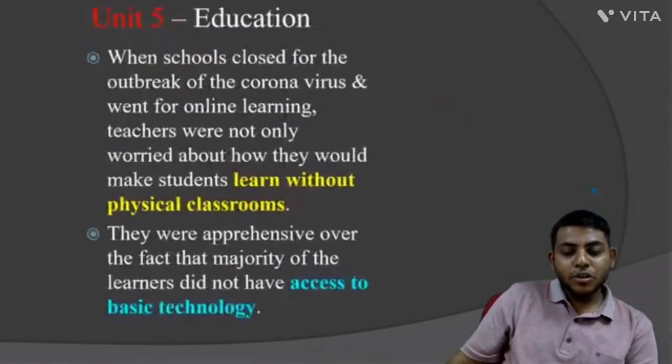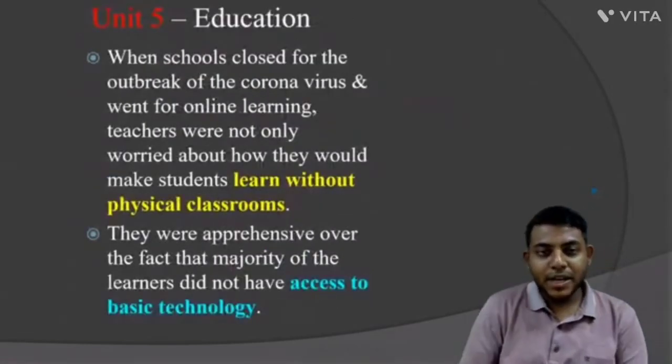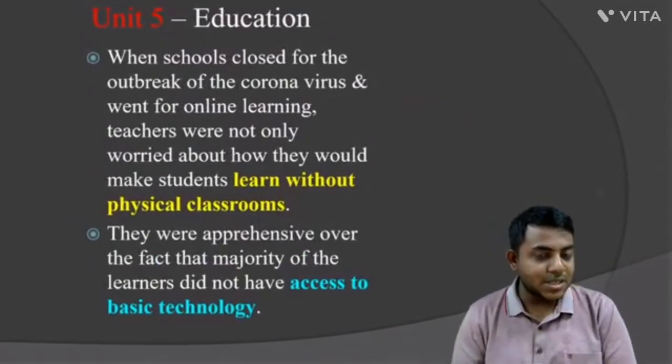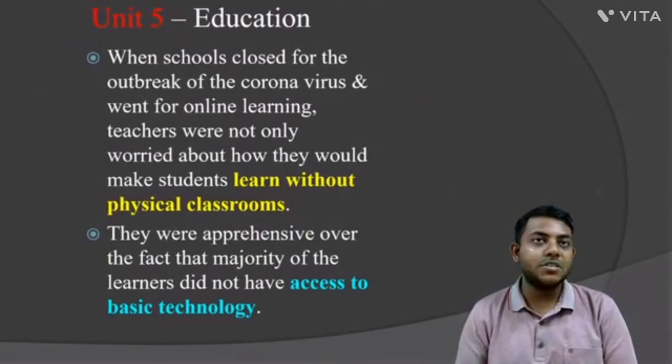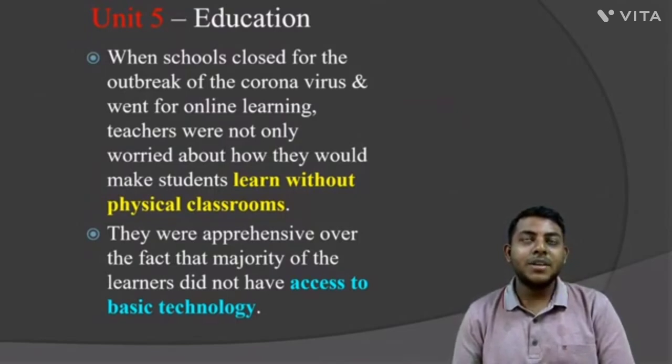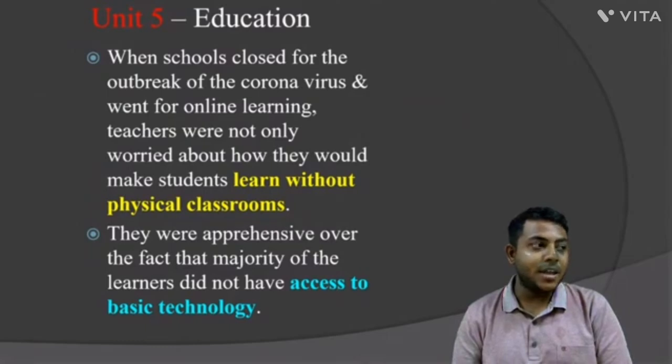So we are done with the fourth unit of this paper, which pertained to food security. Now we are going to discuss the fifth unit of this paper, which pertains to education. Education is basically a part of the Sustainable Development Goals, which were adopted in the Paris Climate Summit of 2015, and they are to be achieved by the year 2030.